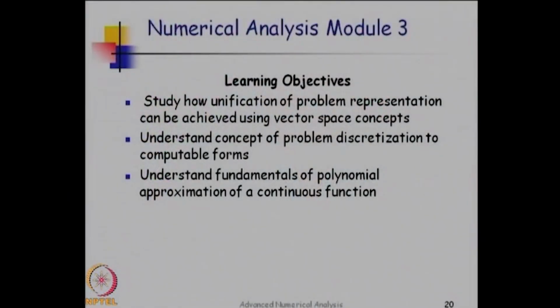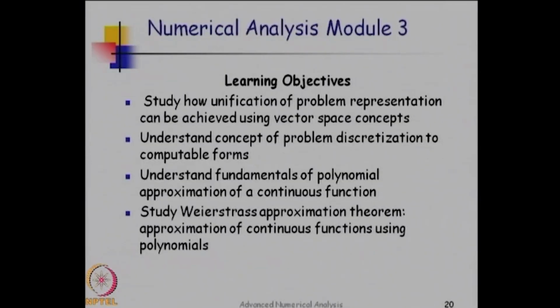Then we will look at specific tools that are used in problem approximation. It turns out that the backbone of approximation is approximating a given function using a set of polynomials.